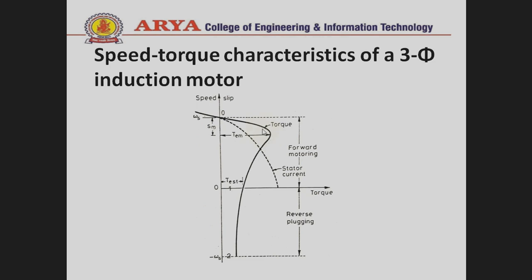After we get the maximum torque Tm at the slip Sm, as we increase the slip here, the starter current starts to rise much more than the rated current, and the air gap flux is decreased, and therefore torque decreases with the increase in slip.